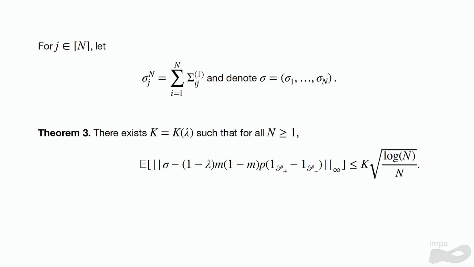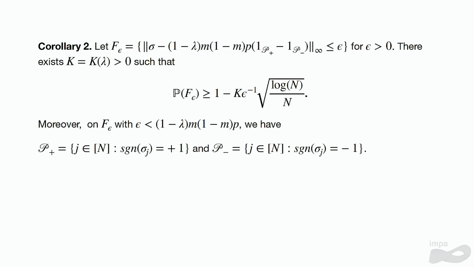And again, the rate is the same, it's square root of log n over n. And once I arrive here, if I approximate very well the sigma, so if sigma is very close to this vector, for example, this means that epsilon has to be smaller than this quantity here, I can recover the set p plus by looking at the signs of this vector.